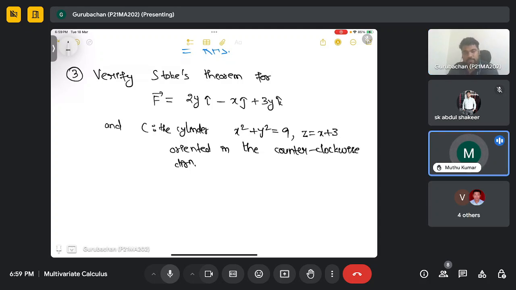Without knowing where it is open, how can we find out the curve C? Whether I have told you that it is closed from the down, or you can say the XY plane.